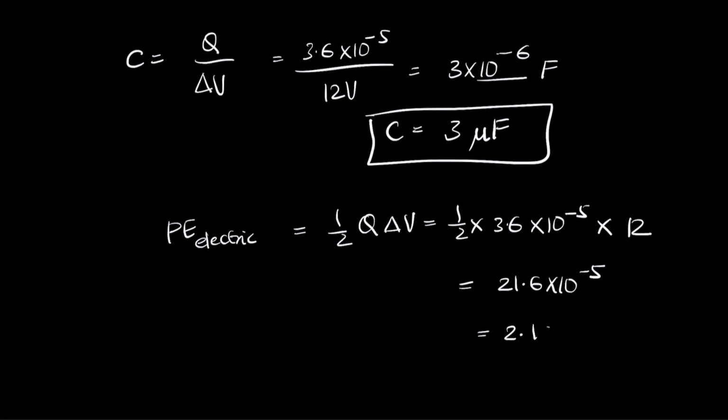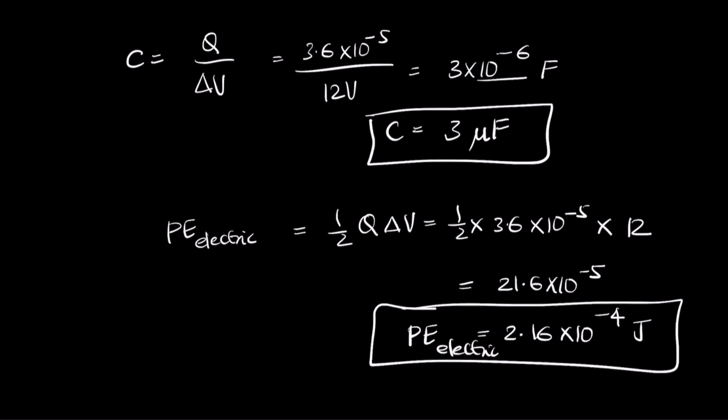When you substitute correctly, you should get 2.16 times 10 power negative 4 joule. So this is the electrical energy that is stored in the capacitor.